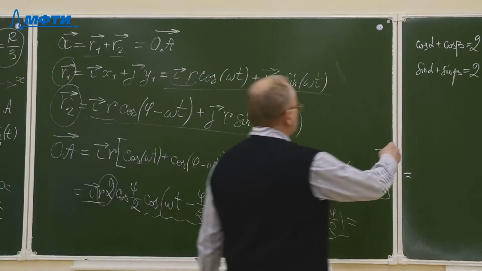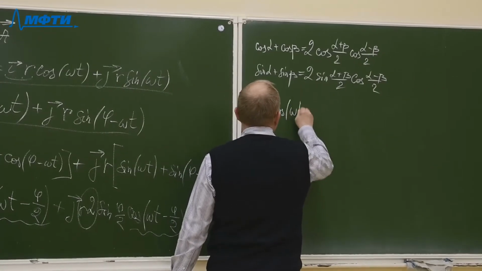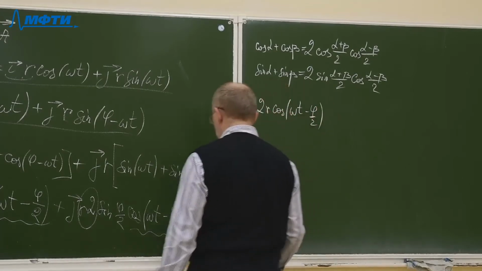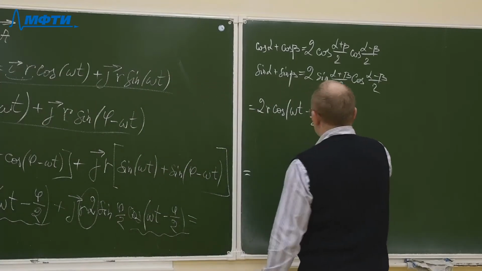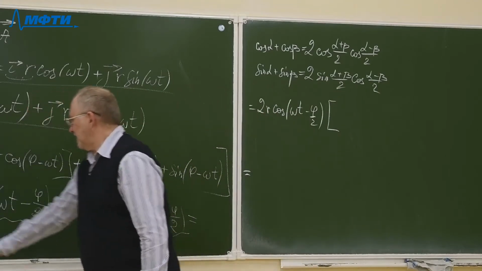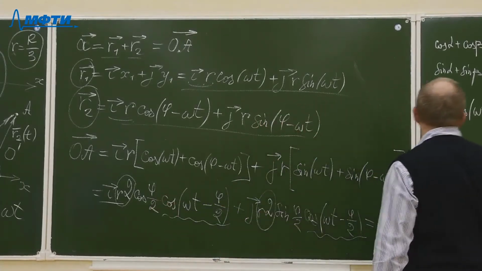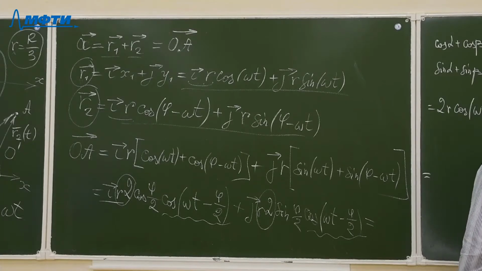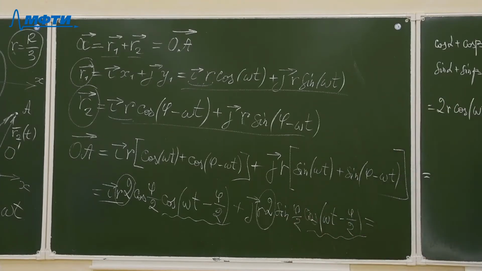So I will factor out of this expression 2r cosine of (omega t minus phi divided by 2). And what remains in square brackets? Vector i multiplied by cosine phi over 2, plus vector j by sine phi over 2.